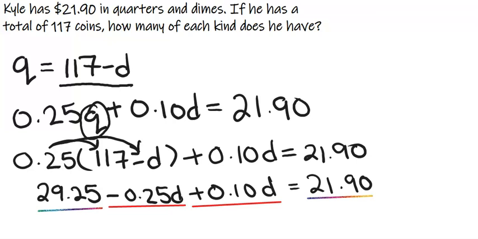So we're going to add negative 0.25D and positive 0.10D, which will give us negative 0.15D.